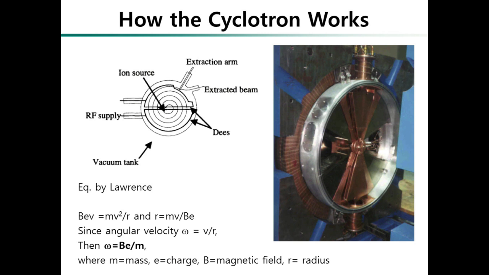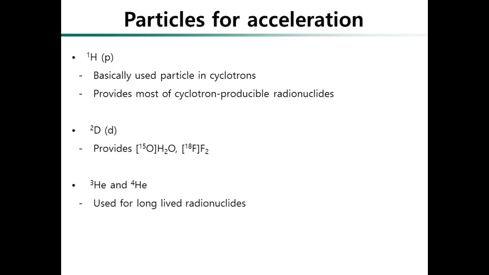The RF means the plus-minus changes in an RF sequence, and then the particle gains velocity, increasing the velocity, and then finally they extract it from the cyclotron, and then they bombard it into the target material, especially O-18, then we can produce F-18 like that.